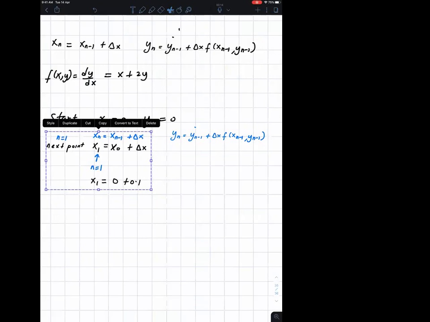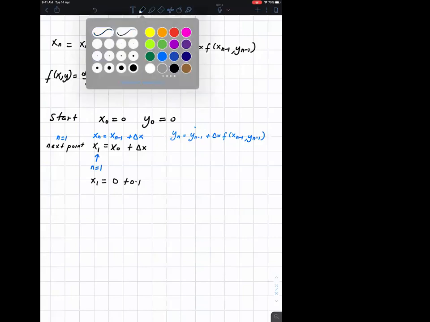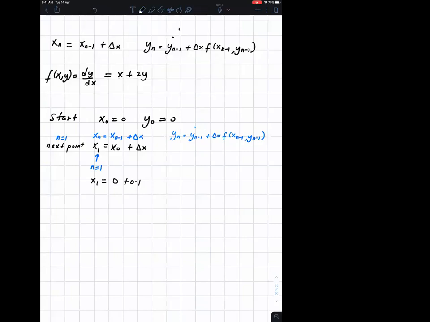Are we all okay? Okay, now n equals 1, therefore y1 is equal to y0 plus delta x times f of x naught, y naught.